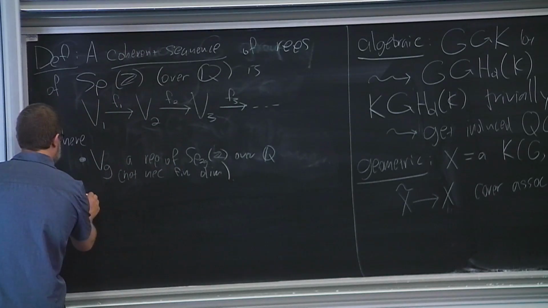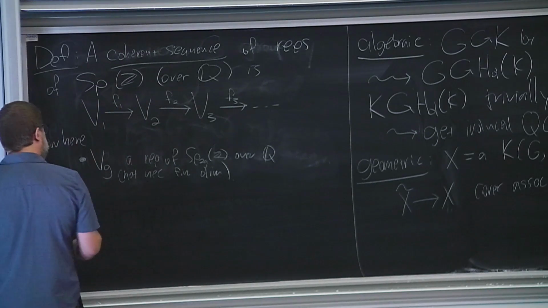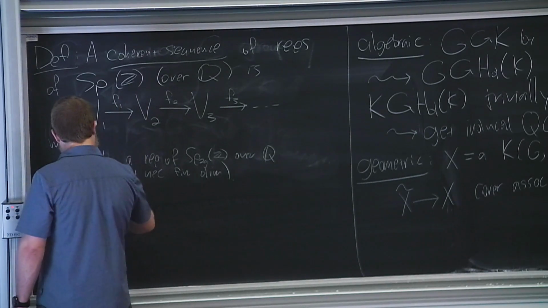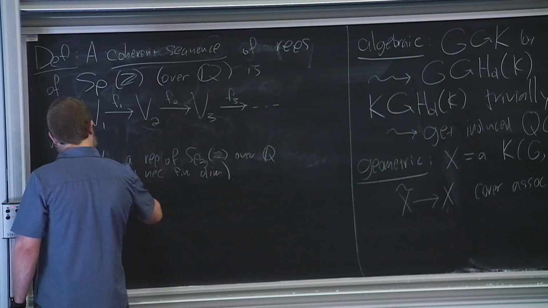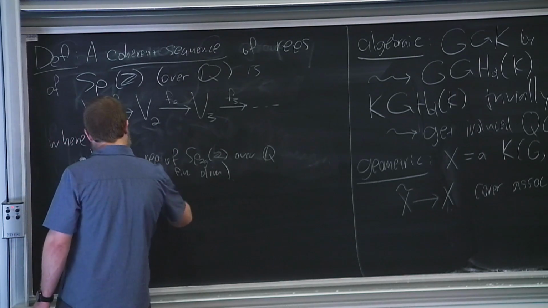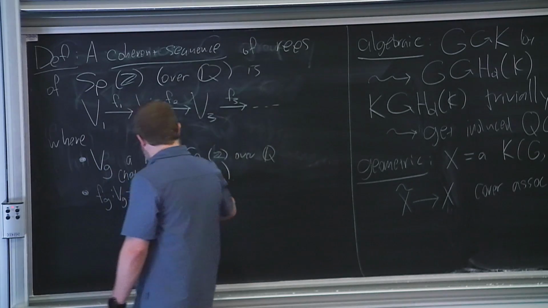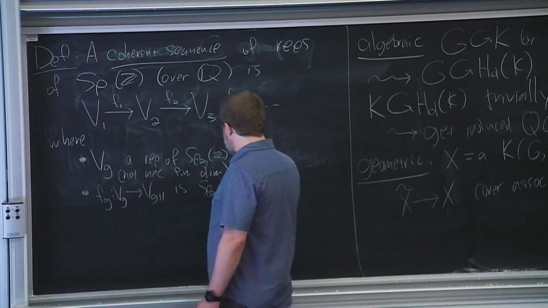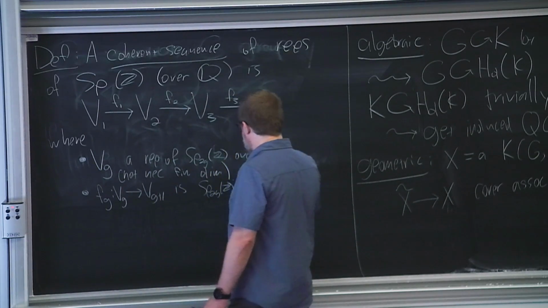Okay, and then the next is that F sub g going from V_g to V_{g+1} is Sp2g(Z) equivariant.